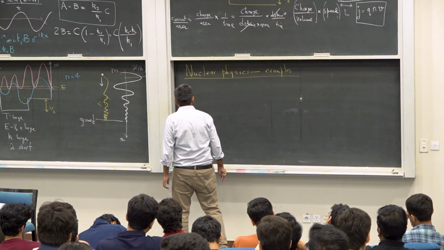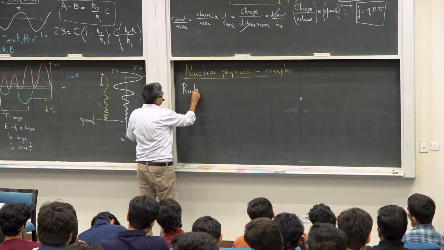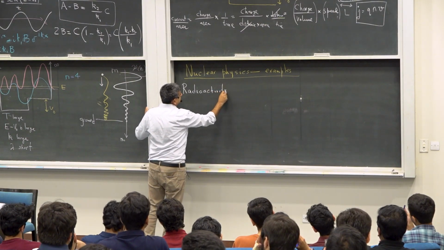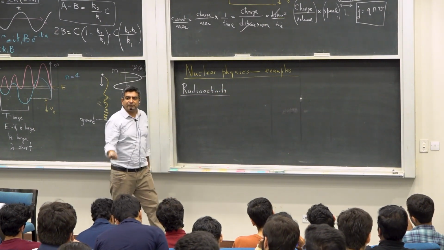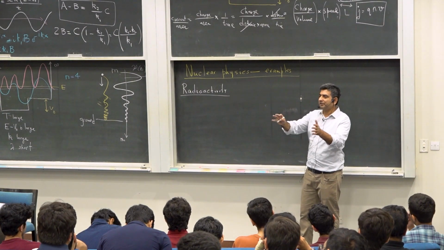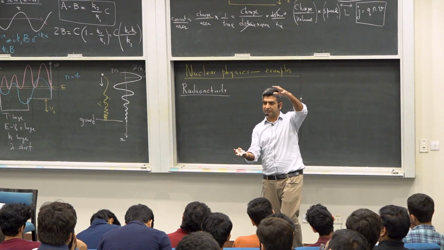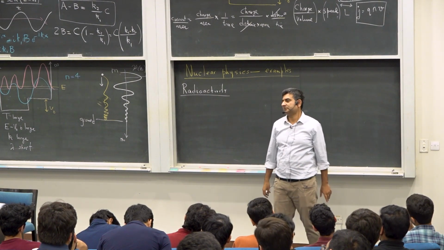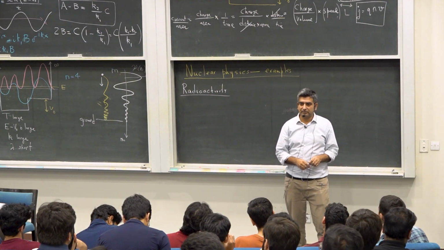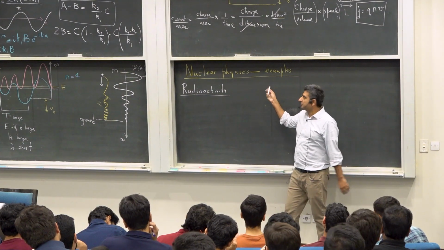Let's talk a little bit about radioactivity. Now, what is radioactivity? A nucleus. Probably the only time you're going to see nuclear physics in this class. A big nucleus disintegrates and gives rise to, say, an alpha particle. Now, let me write down a nuclear reaction.